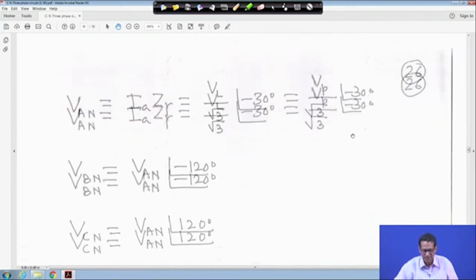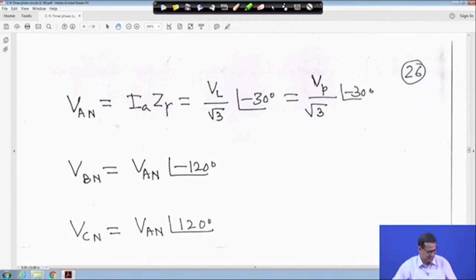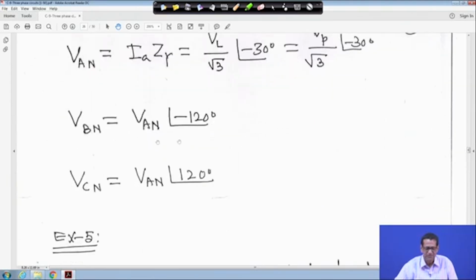So, VAN is equal to your IA into ZY, that is VL upon root 3 angle minus 30 is equal to VP upon root 3 angle minus 30 degree, because source delta connection, source line voltage is equal to phase voltage. So, we know VBN is equal to VAN angle minus 120 degree, because it lags by 120 degree, just those relationships we have to use, and if you put VAN here, and this VCN is equal to VAN angle 120 degree.